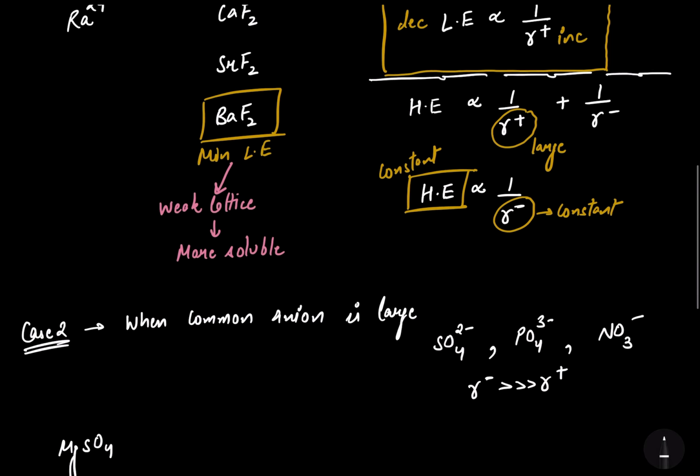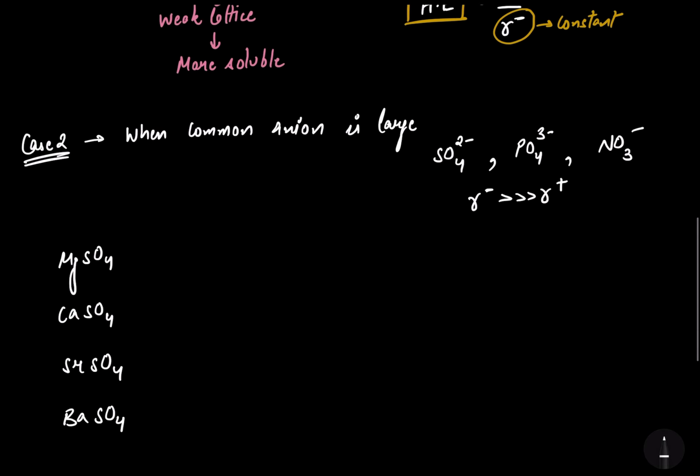Now I have already mentioned that the radius of the anion is greater than the radius of the cation, due to which the sum of the radius of anion plus the radius of cation will almost be equal to only the radius of the anion.